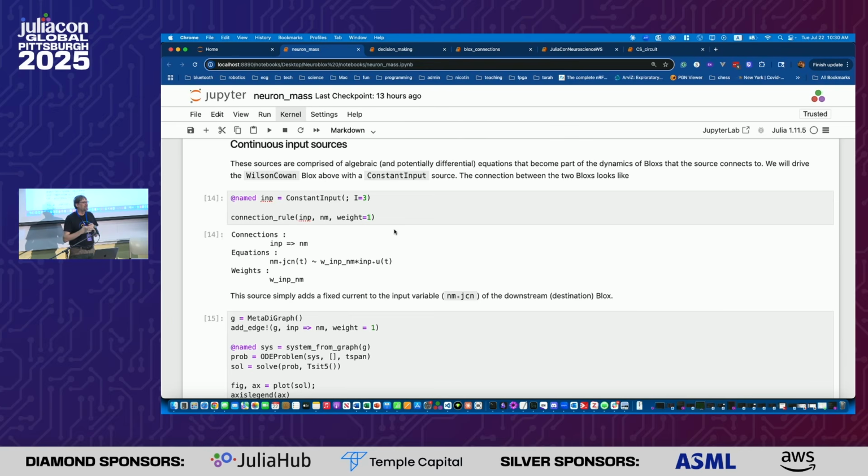So this input is adding on to that three? Yeah, so all the connection rule does is it adds that equation to the list of all the equations, and then it solves all the equations and tries to simplify them.